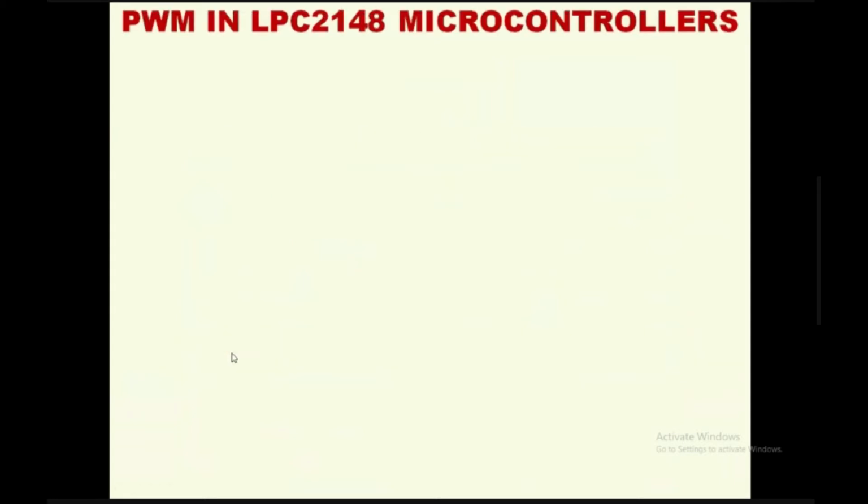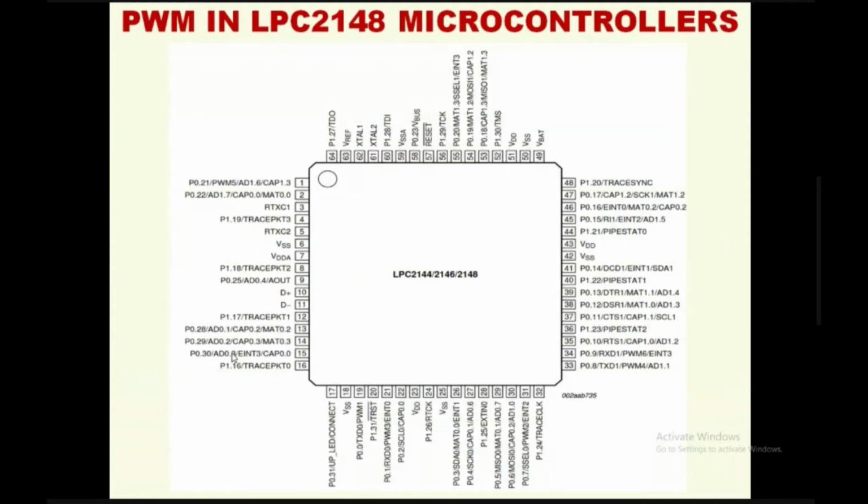As we are going to see right now, there is a multiplexer, and here you can see pin number 1. Pin number 1 can be used as P0.21, or the first alternate function of the same pin can be used as PWM5, or it can be used as an ADC 1.6 pin, or as a capture pin, the third capture module pin of capture 1.